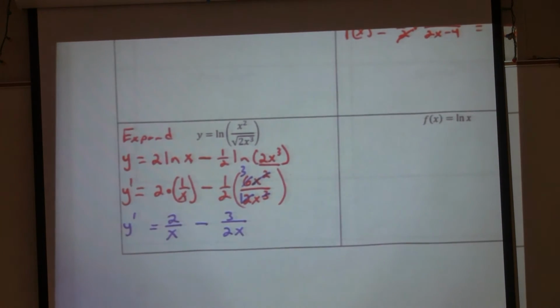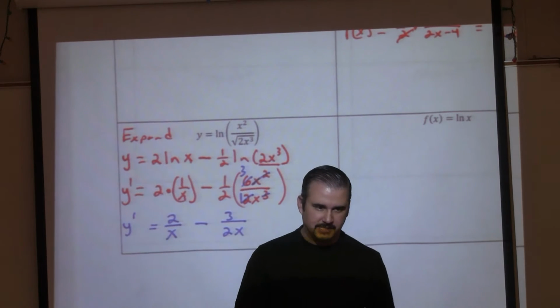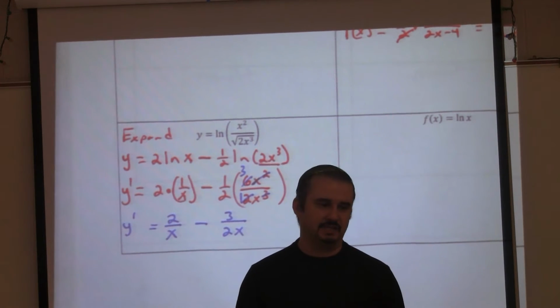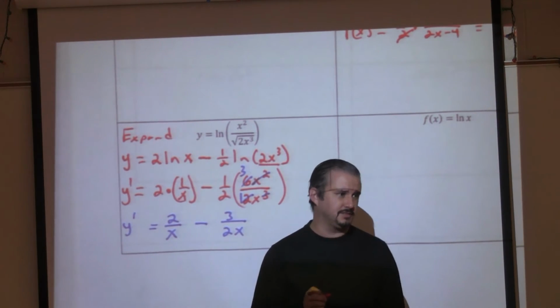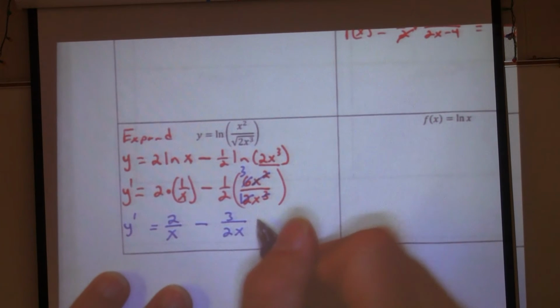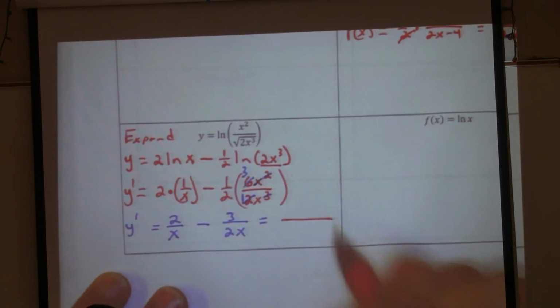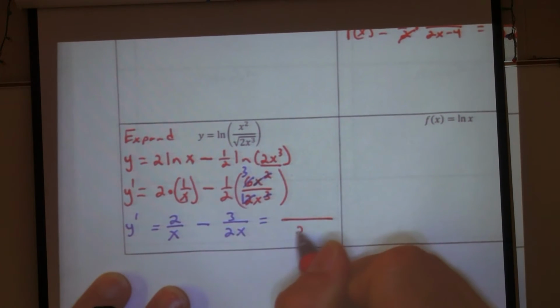And that's pretty good to work with, but later on when we start having to find where the function has vertical tangent lines and horizontal tangent lines, we want it to be a single fraction to be able to work with it. So let's go one step further and make it a single fraction. Are we okay, or did I lose some of you? You're okay? You sure? Okay, so what would be my common denominator? Just 2x, right?